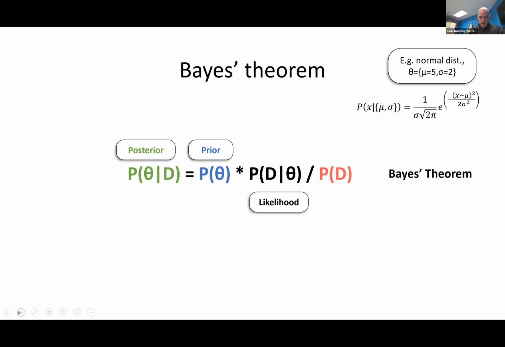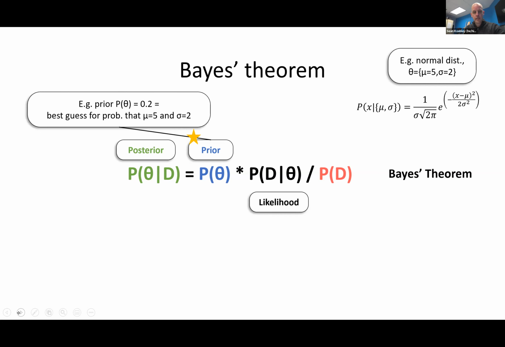So we can find a prior just by using our prior knowledge. For instance, perhaps you think the probability of a mean of 5 and a standard deviation of 2 is 20%. Remember, we're talking about probability, it's got to all add up to 1, so this would be a very high percentage.